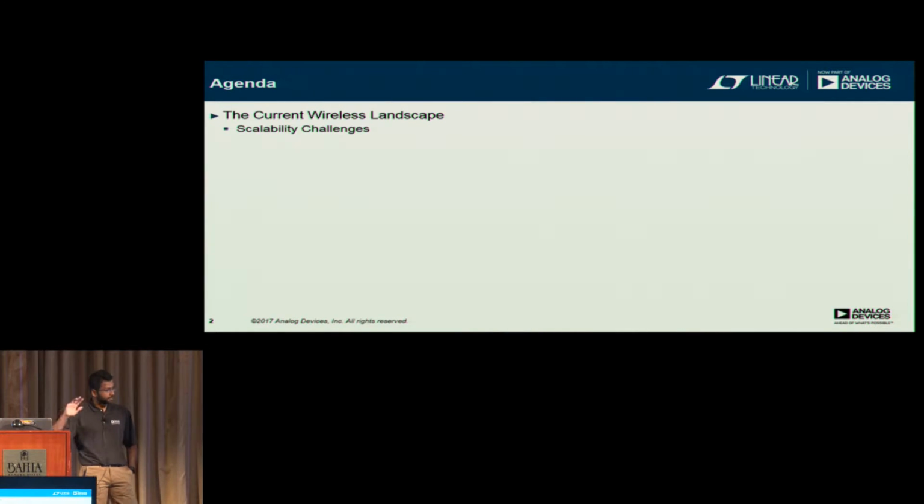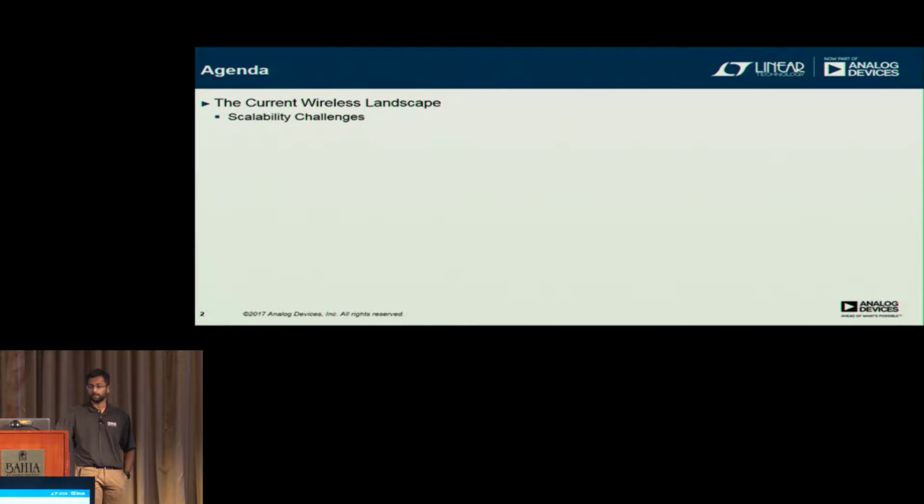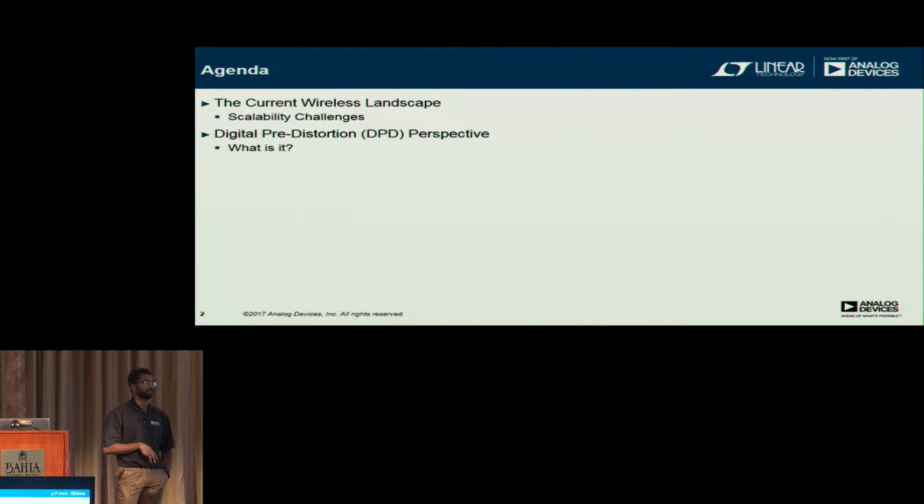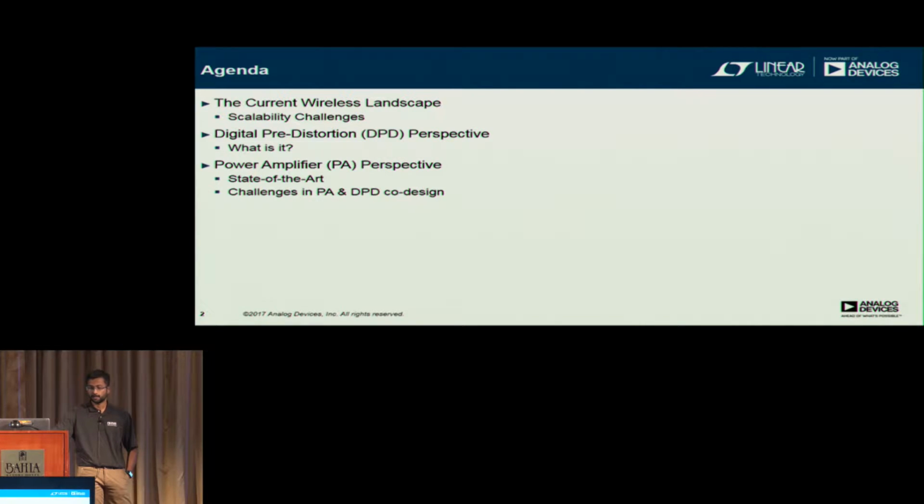So today I'll give you a high level view of what's happening in the market and industry, the current wireless landscape. What are the scalability challenges that we currently face in the industry? Talk about digital pre-distortion as a systems efficiency booster and the complexity that it entails, by getting over a few overview slides first.